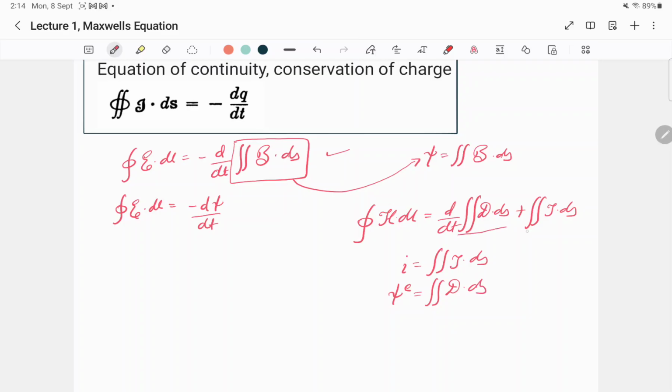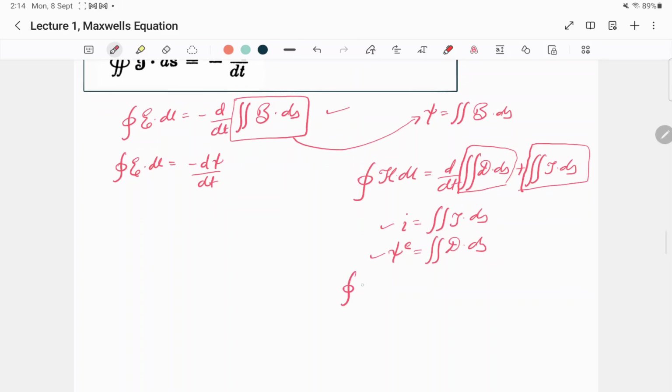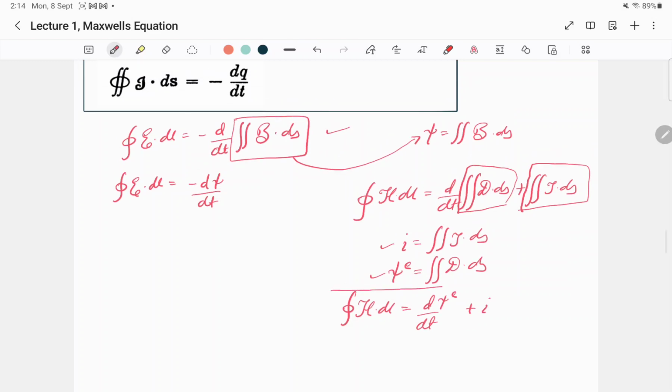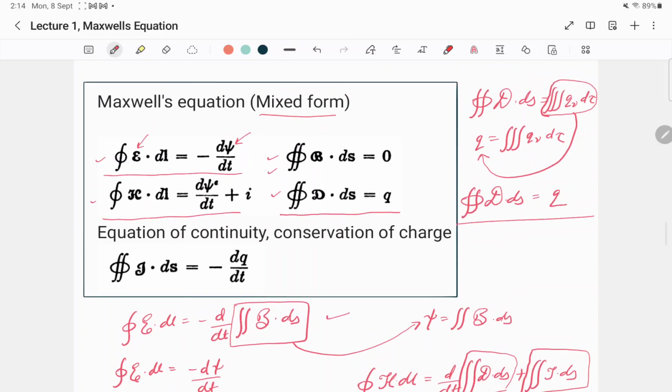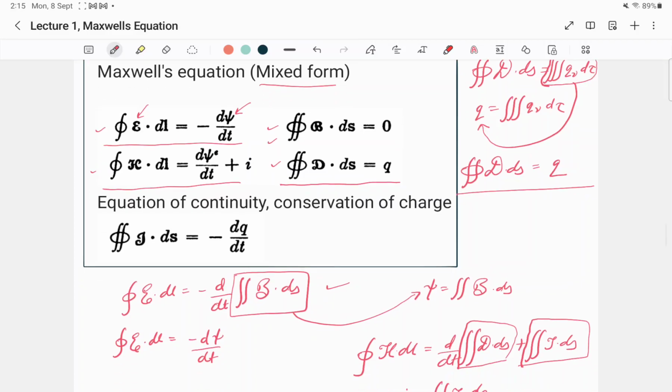So these terms can be replaced with these. The equation becomes the closed line integration of H dot dl is equal to d by dt of psi e plus I. This is the equation which is written over here, and where the right hand side is 0, nothing will change. Alright, so Maxwell's equation in mixed form can be written like this.